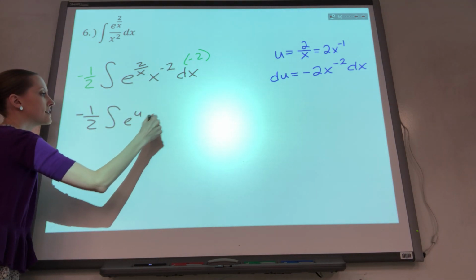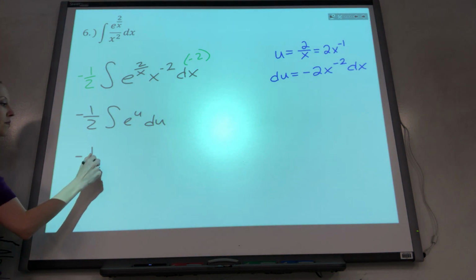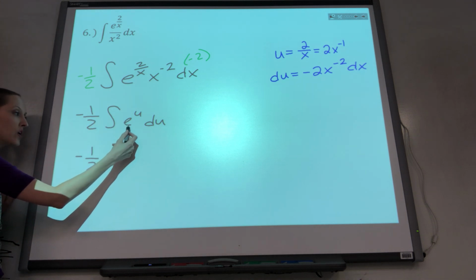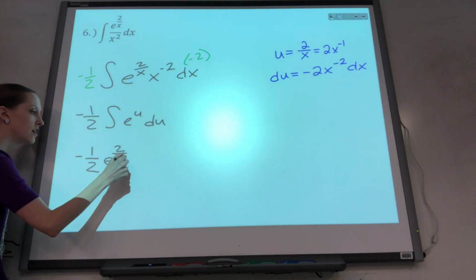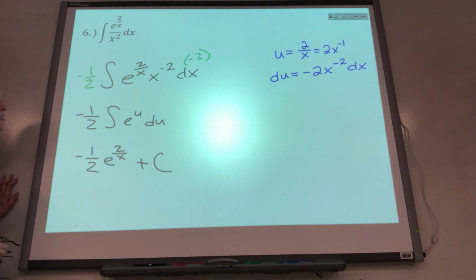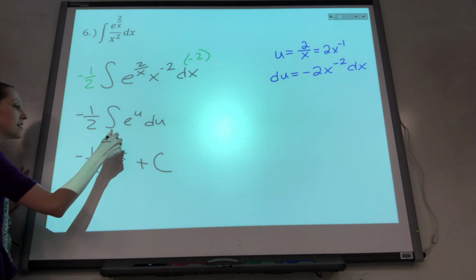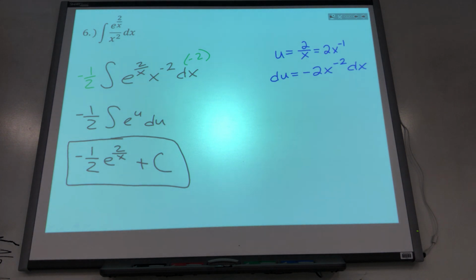All the rest of that stuff back there was du. So I'm going to go ahead and plug back in what u was. When I integrate e to the u, it's just e to the u plus c. I would go ahead and turn that power back into 2 over x instead of 2x to the negative first, but that would be it then for number 6.